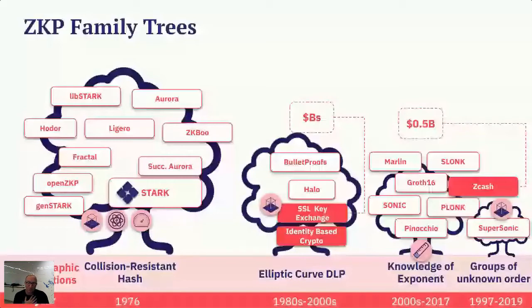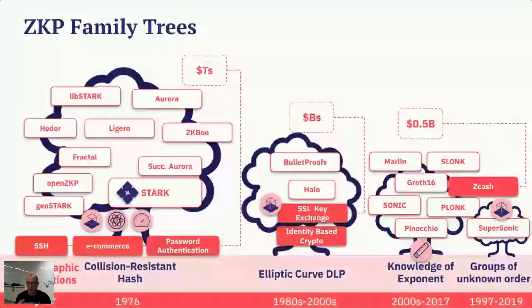My biased answer would be that if the construction is peer reviewed and it seems that the math is working, I would still want my systems, if I'm putting a lot of value on them, to reside on stuff that has been out there for a long time and has been used by a lot of infrastructure. So the stuff like the groups of unknown order, currently they're not supporting anything yet.